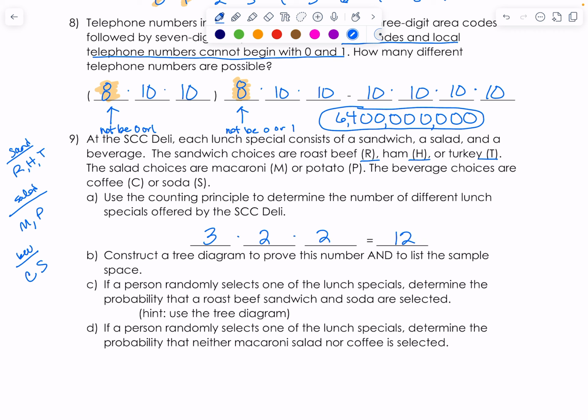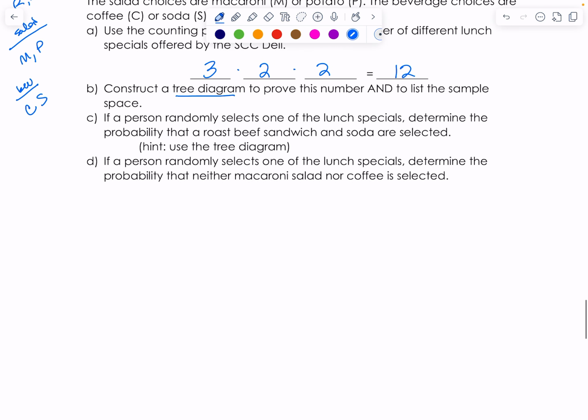Now they want us to construct a tree diagram that proves that number, and they want us to list the sample space. Okay, so I've got my sandwiches, and we got my salads, and we got my beverage.